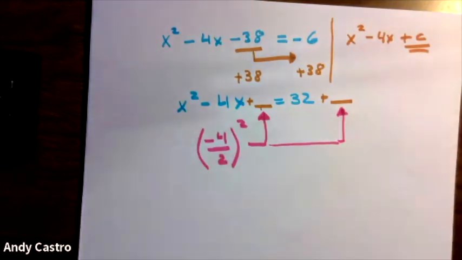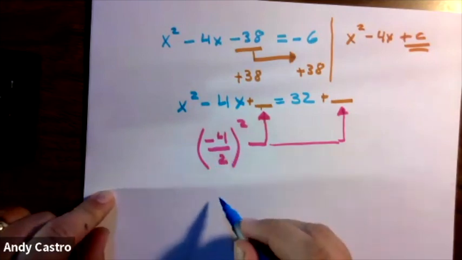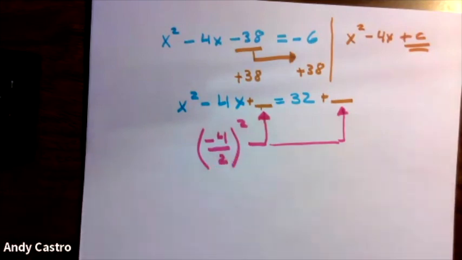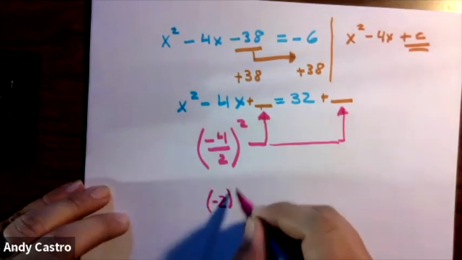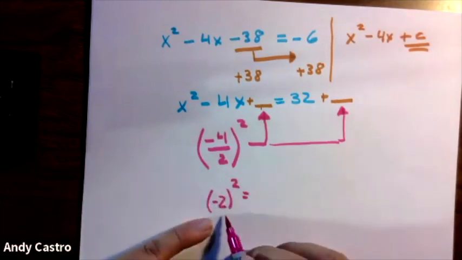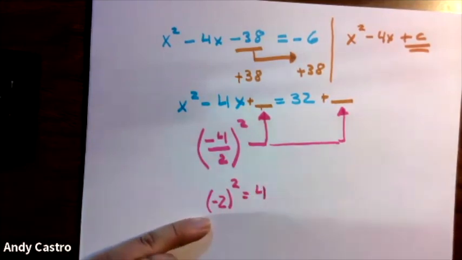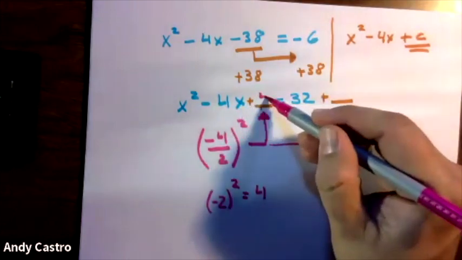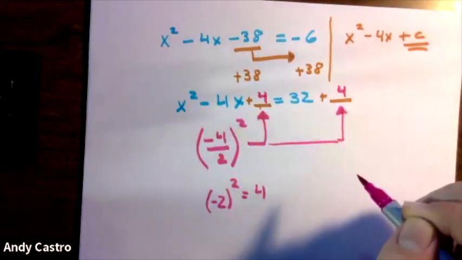All right. So negative 4 divided by 2 is negative 2. And negative 2 squared is positive 4. So I'm going to add 4 to there and there.